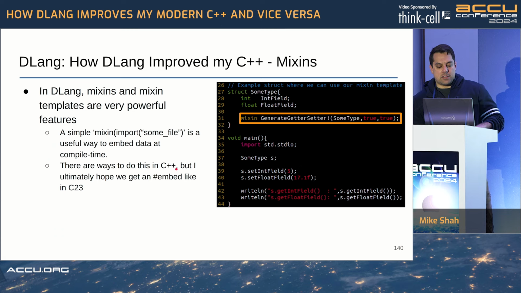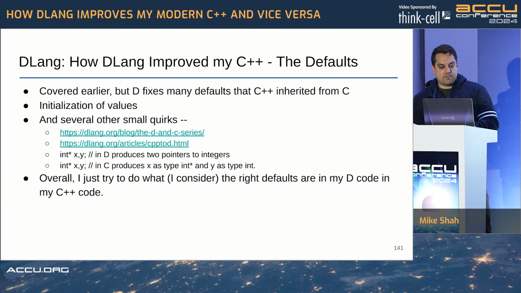I don't know exactly the story of C++, but I imagine we'll get a std embed maybe. And again, the defaults: D has had 30-plus years to catch up and watch what C was doing. So initializing values, and these are things that we want to make habit, okay?